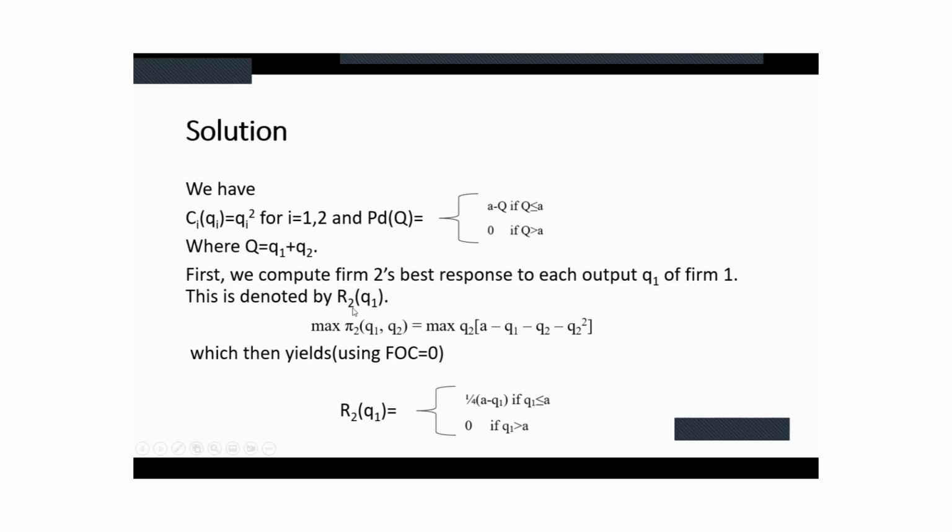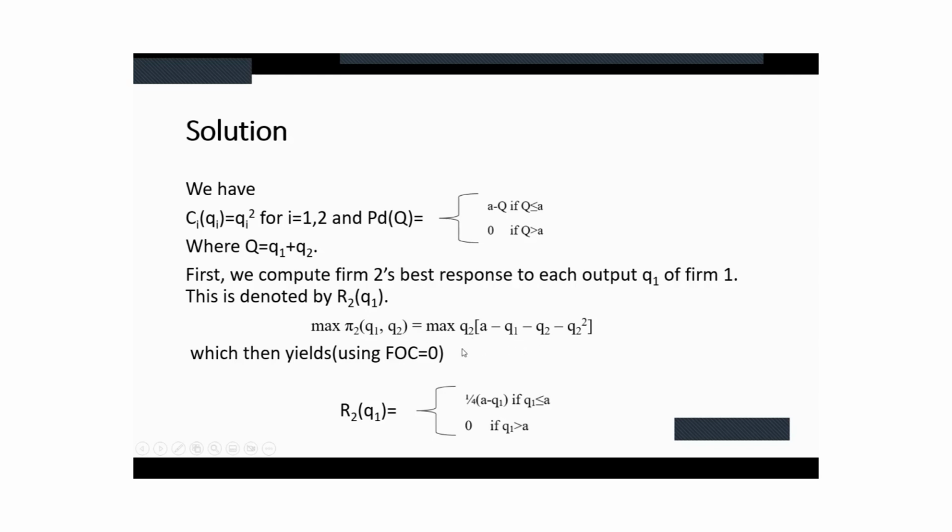This is denoted by R2 of q1. R2 means firm 2's response. So firm 2's response must be to maximize its profit. So the max profit of firm 2, based on firm 1's output and firm 2's output, equals max over q2.